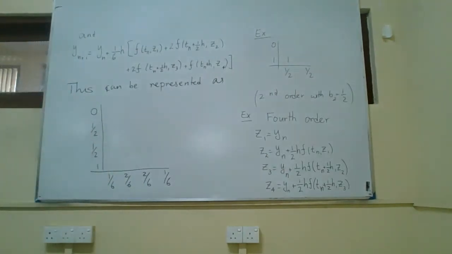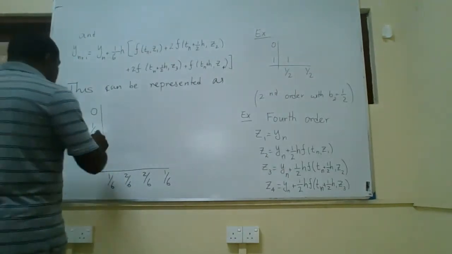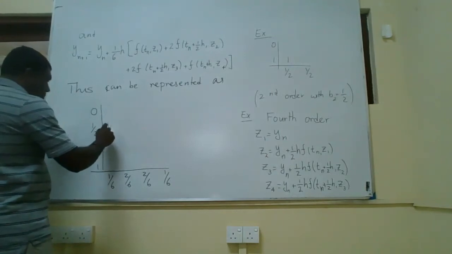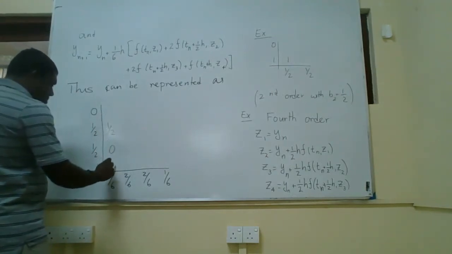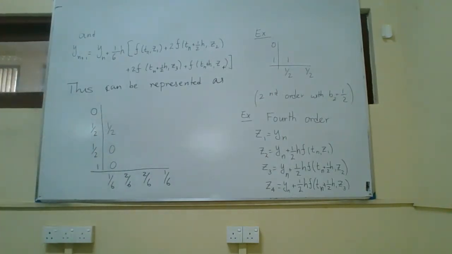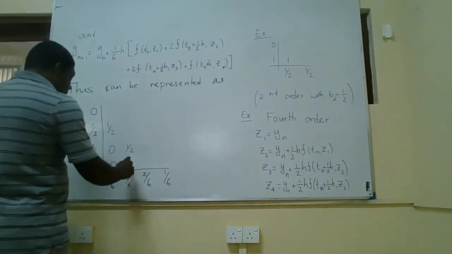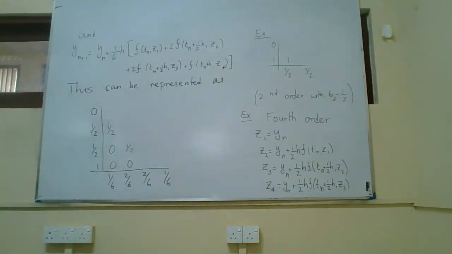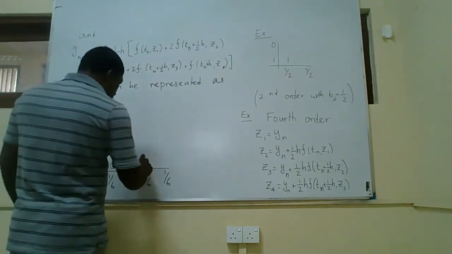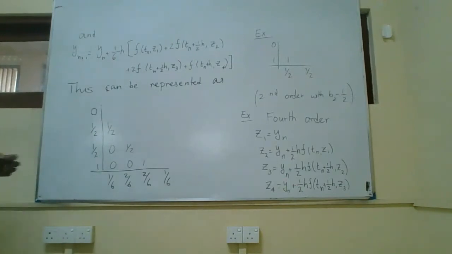So that's 0, 0, and then 0, and then 1. Okay, so this is how we can represent that in the tabular method.